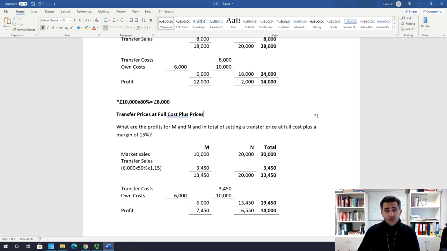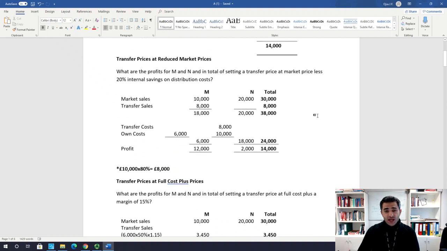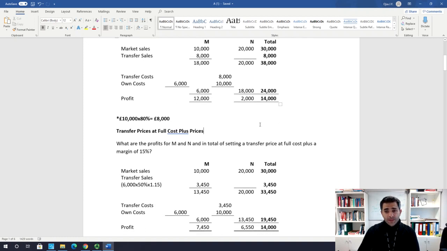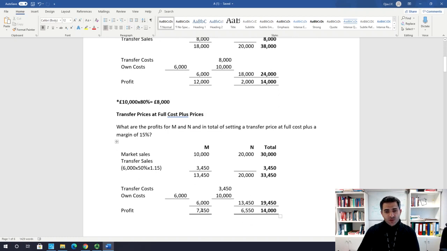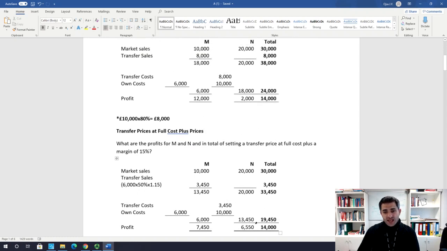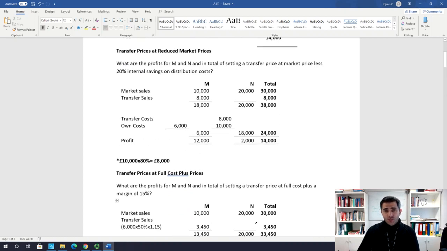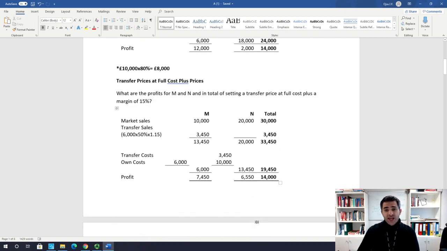From this perspective, as you see, M based on market price less the distribution cost is £12,000 compared to N £2,000, but based on full cost plus, it is 7,450 compared to 6,550 for N. As you see, the total is the same, but you can see that N has started to share some of the profit, and M does not completely take over all the profit.